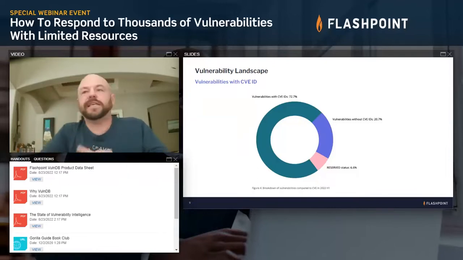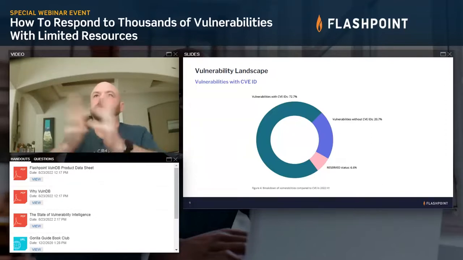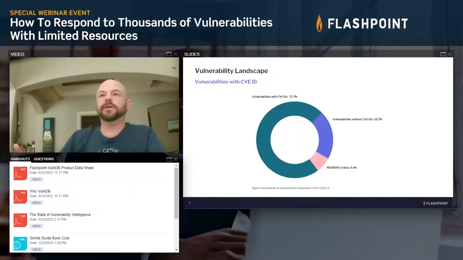I mentioned CVE earlier. If you're not familiar, CVE is a government-funded program run by MITRE that is basically a vulnerability database. However, they operate in a very different manner than we do. They use what they call CNAs, CVE numbering authorities, primarily, one of the two primary ways.